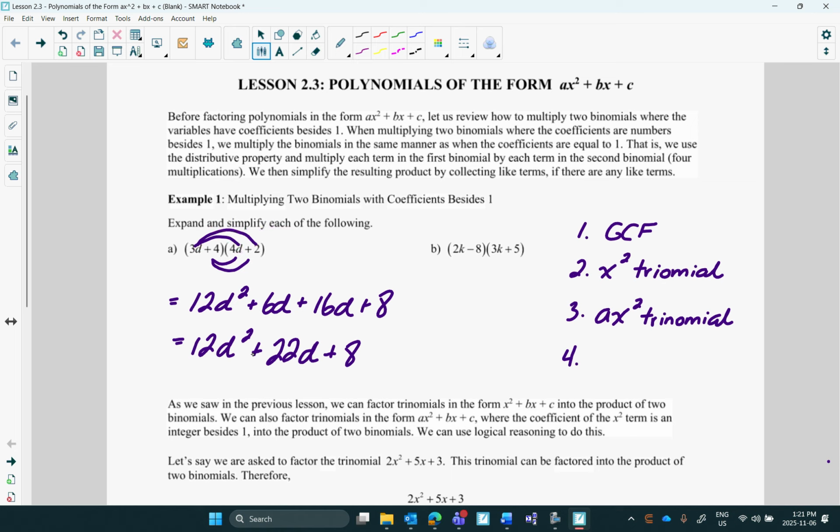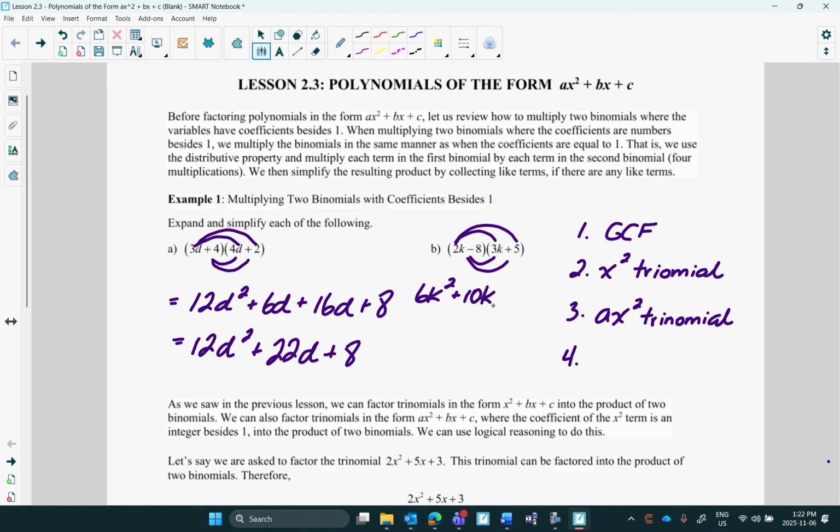You would do letter B the same way. Take the 2K, multiply it by everything in the second set of parentheses. Take the minus 8, multiply it by everything in the second set of parentheses. So 2K times 3K is 6K squared. 2K times 5 is 10K.